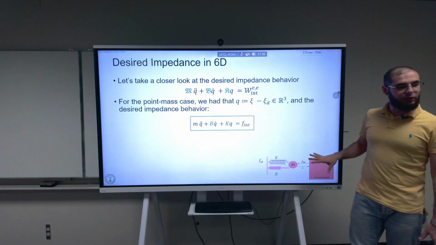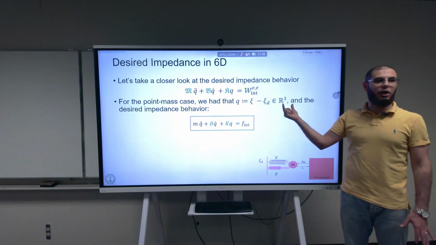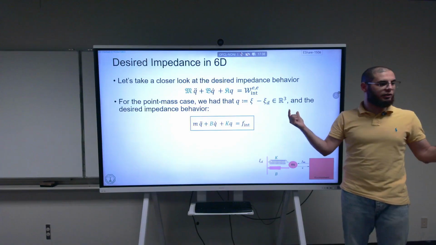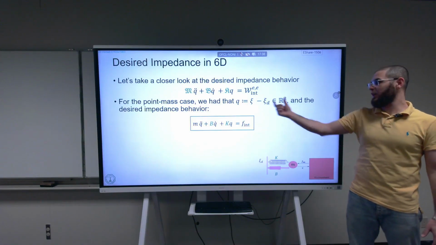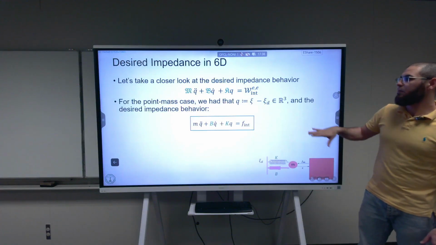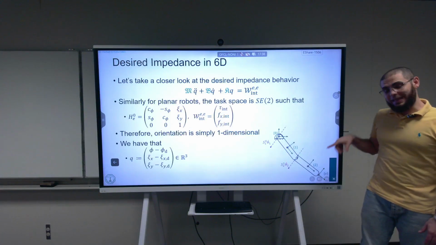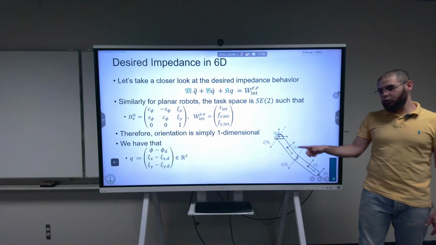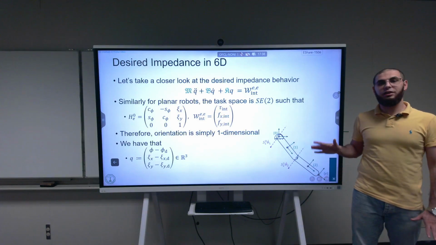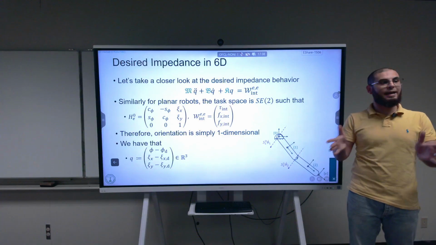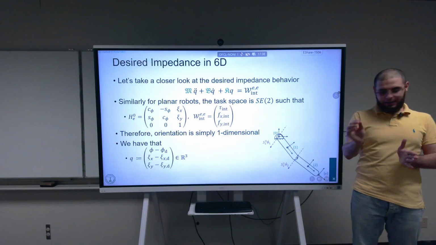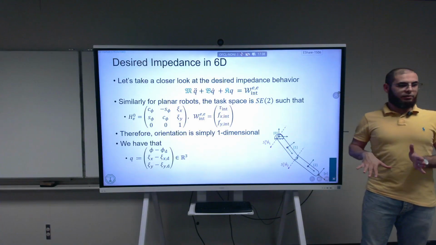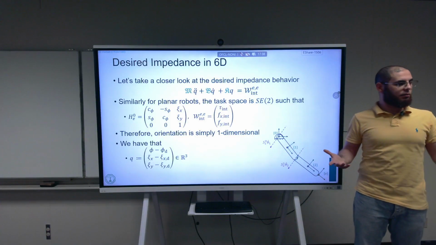So now this was the point mass part, where Q was in R3. Everything was Euclidean, everything was nice. We were able to do this minus between psi and psi desired. We had the same case last time when we looked at the two-link manipulator. And in general, this holds for any n-link manipulator, provided that the robot is planar. What does it mean that the robot is planar?